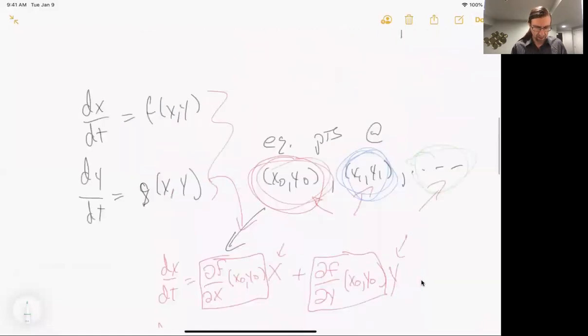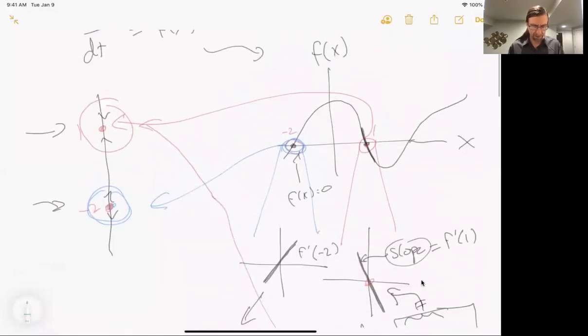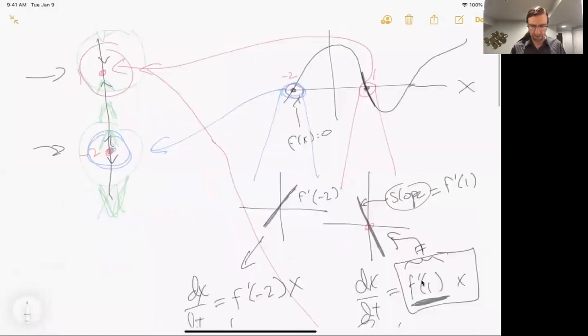Just like way up top here with the one-dimensional system, once we knew what things look like around this equilibrium point and this equilibrium point, then we can fill in the picture. Things are going up here and up here, then they have to be going up here, and here they're going down, and here they're going up, down. Right, so we know what the whole picture looks like once we know what the picture looks like right around the equilibrium points. So it's a super powerful technique.